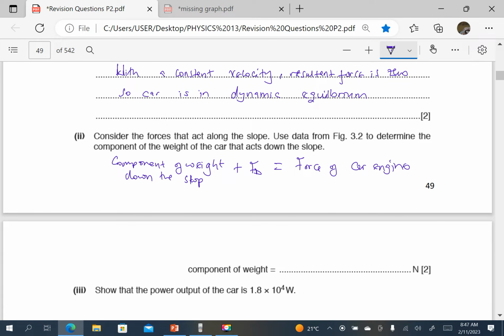So the component of the weight will therefore be equal to the force of the car engine minus Fd.